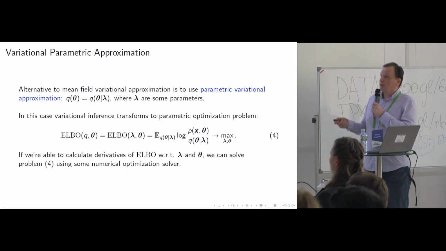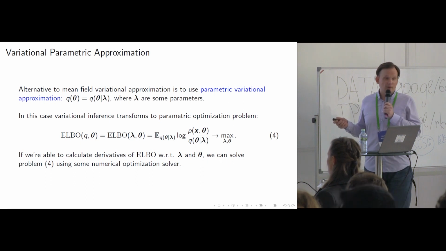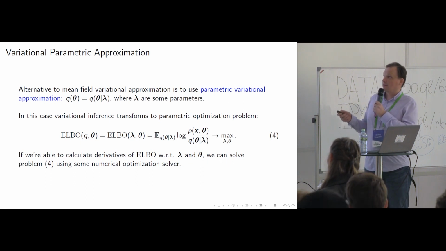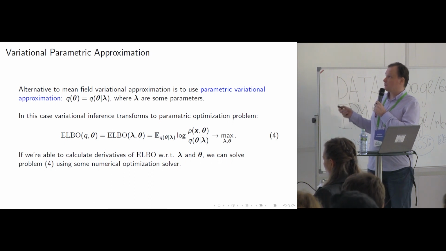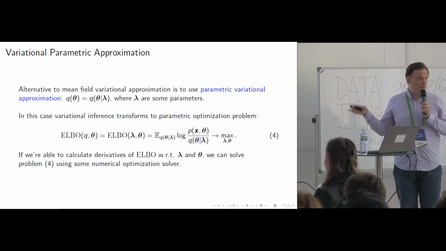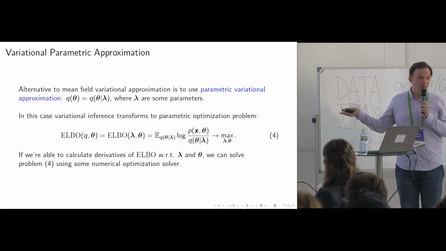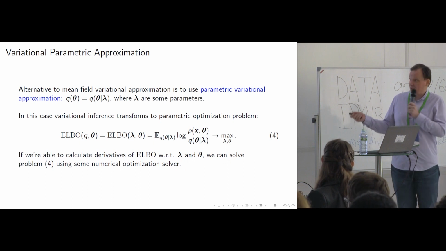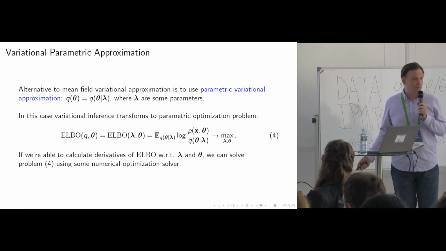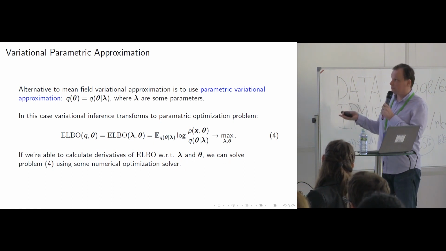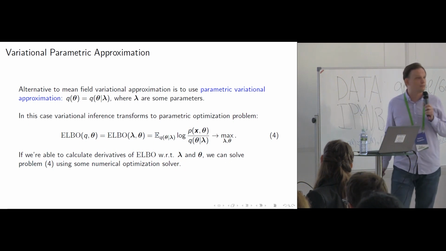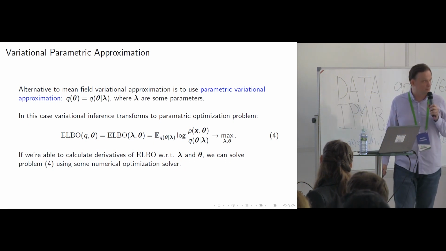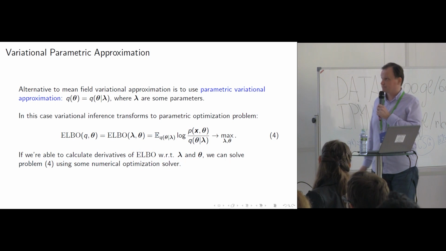And in this way, if we take again our ELBO criterion function and put this parametric assumption here, we come to the following optimization problem, which is no longer a variational optimization problem. It's just a normal parametric optimization problem where we might try to use some numerical optimization solver.